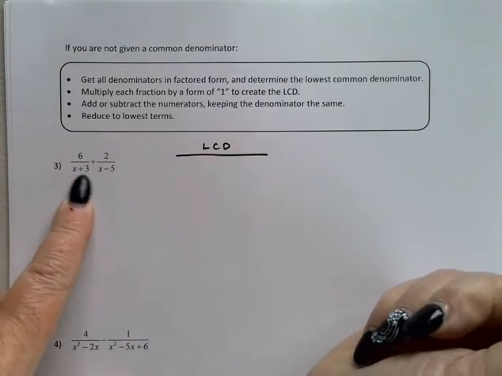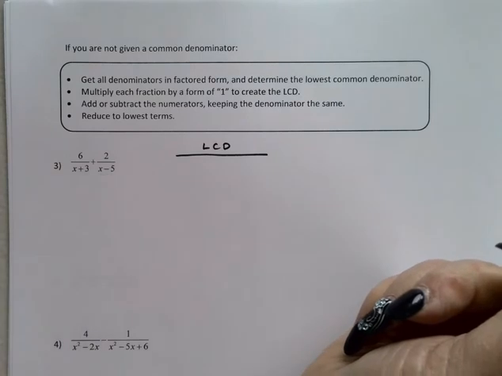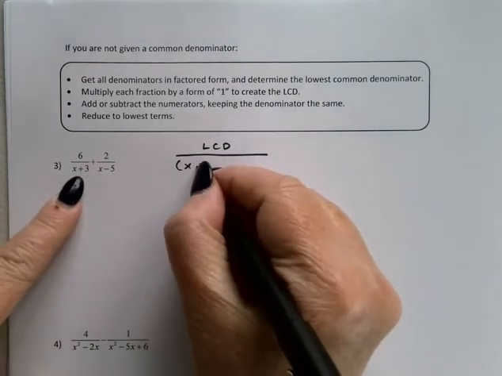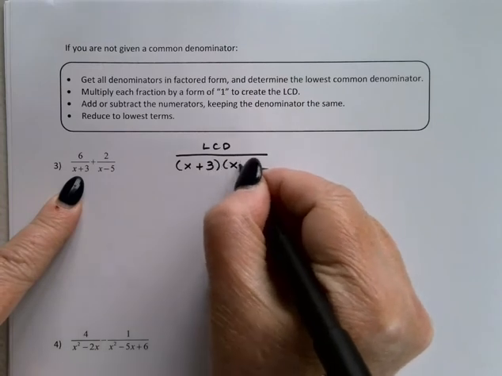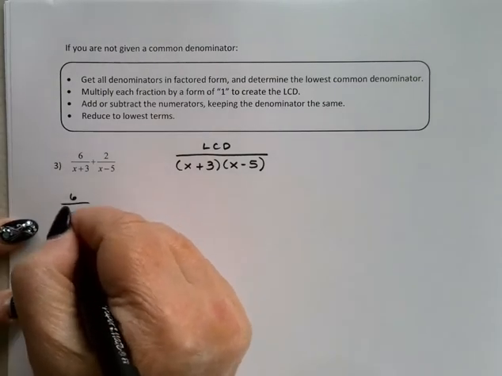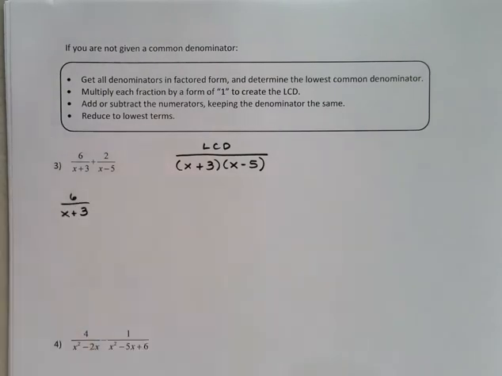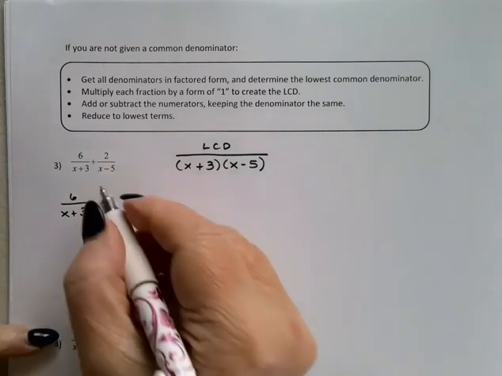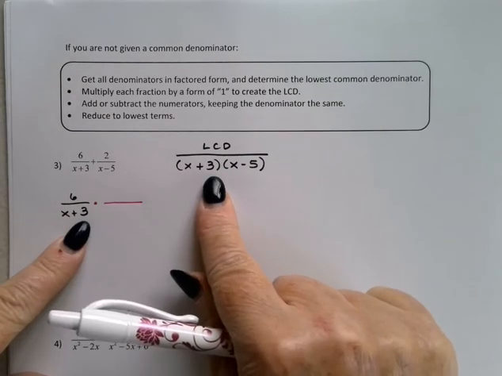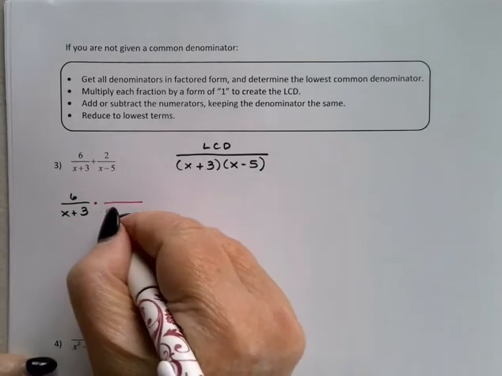Here I've got two different binomials as denominators. So their LCD is actually going to just have to be the product of both of them. I take my first fraction and say what I'm missing to get to that LCD is the x minus 5.